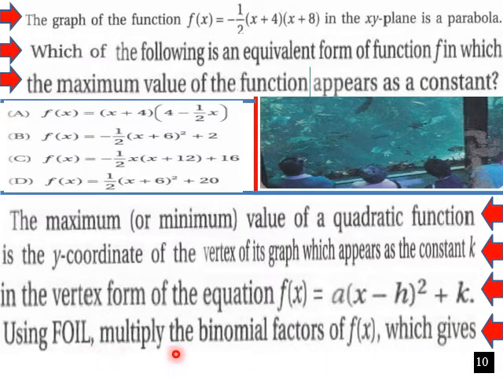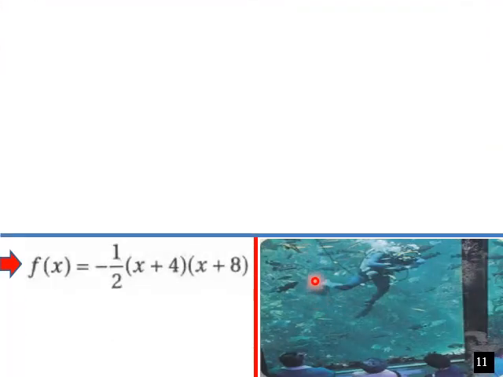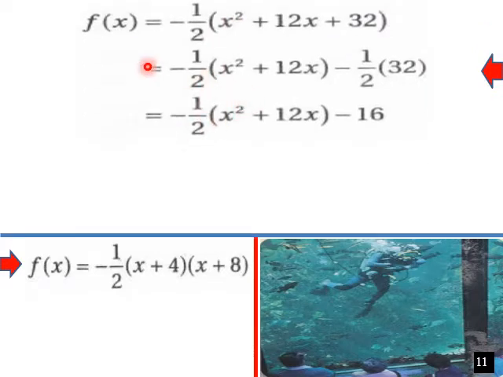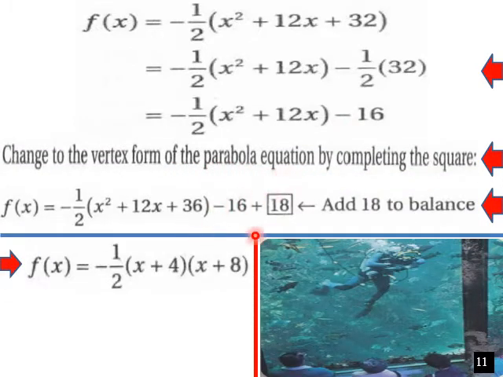So using FOIL, multiply the binomial factors of f of x, which gives negative 1/2 times this trinomial here. And then when we multiply through, we end up with negative 1/2 times x squared plus 12x minus 16.